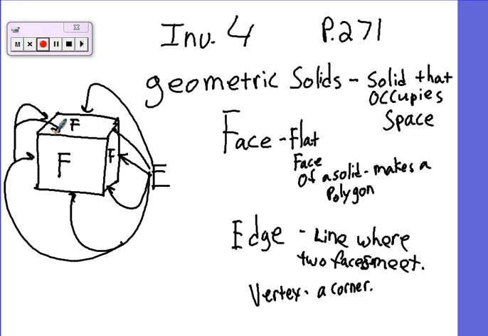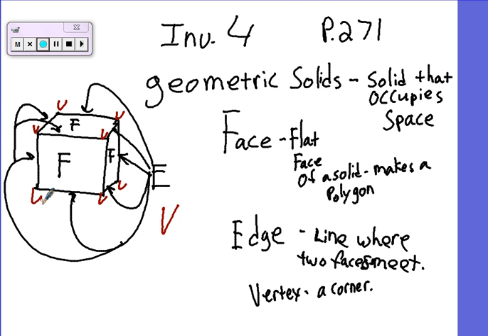There's stuff that we can't see on this one. I'll change the color for the vertex. Vertex I'll signify with a V, and I'm going to write a V on each one. They're all those corners that we can see.